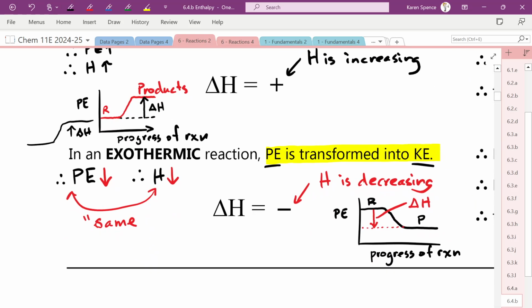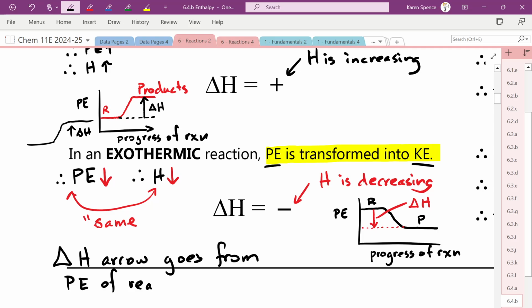Delta H arrow goes from the potential energy of the reactants to the potential energy of the products.